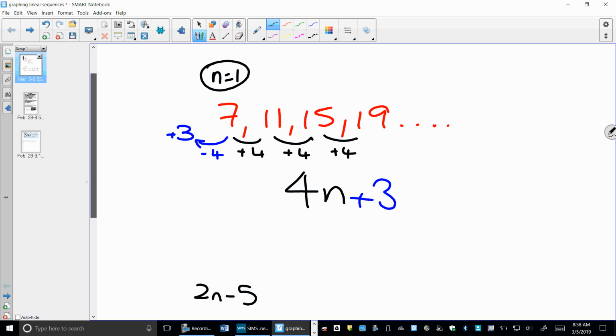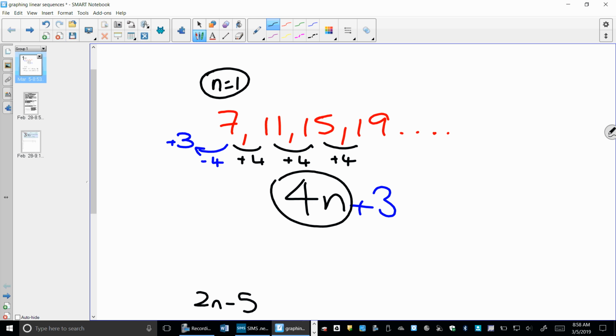Because if we just thought it was 4n, then 4 lots of 1 is 4. Well, that's not 7. If n was 2, 4 lots of 2 is 8. That's not 11. Okay? So what we have to do is do something else to this number. And we will probably be adding or subtracting sometimes a value from that. And we decide what we're adding or subtracting by saying what would the term before it be.